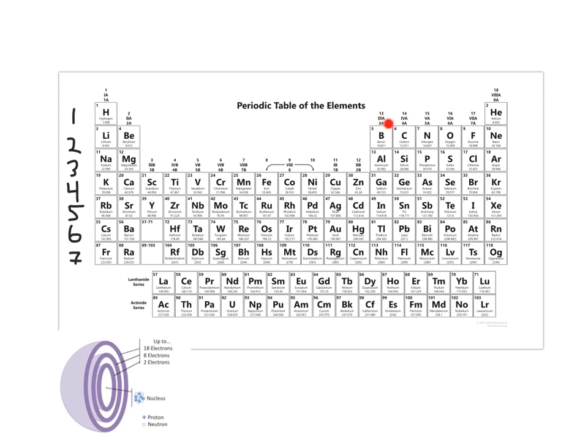Notice that the older numbering system, 3A, 4A, 5A, 6A, 7A, is simply the newer numbering system minus 10, because there are 10 columns in here between columns 1, 2, 13, 14, 15, 16, 17, and 18. Using that logic, if we look at fluorine, we would imagine that if this system is working, there would be 7 electrons in the second row.